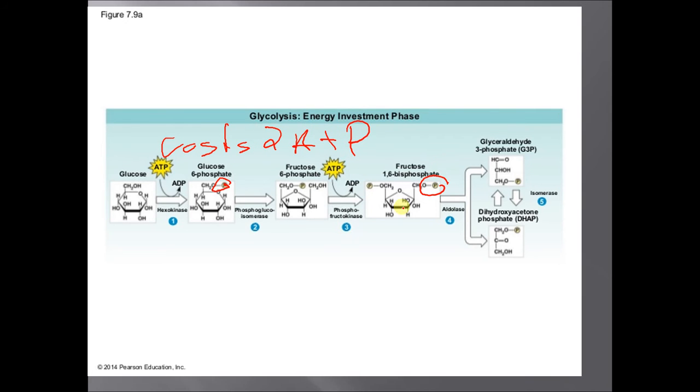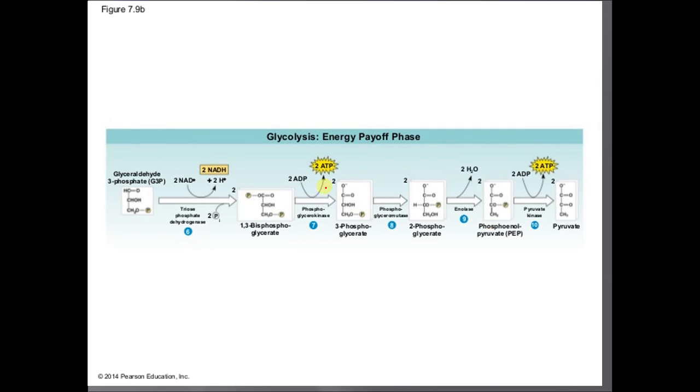We're preparing this glucose molecule to be used later, specifically in the citric acid cycle. And in the second step of glycolysis, we're getting some energy from that glucose molecule by breaking it down to pyruvate. So we get 2 ATP out here and 2 ATP out here by sticking these phosphates onto ADP.